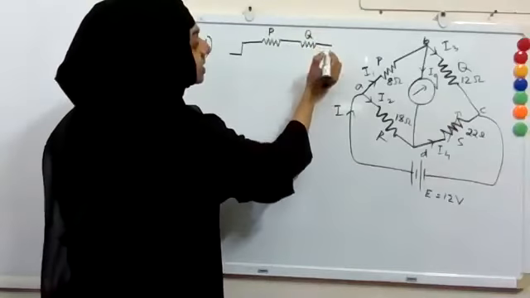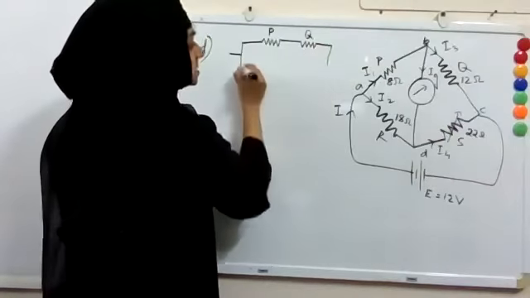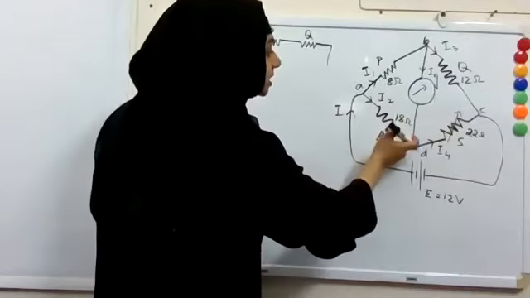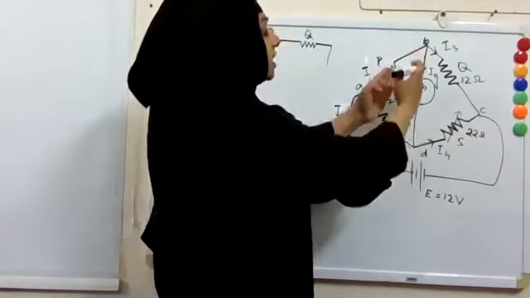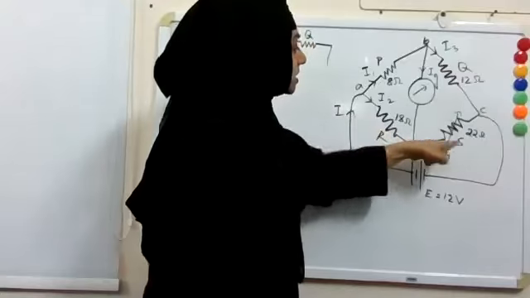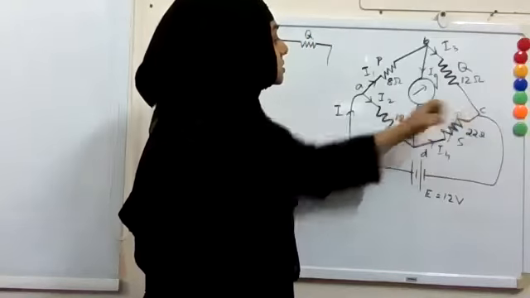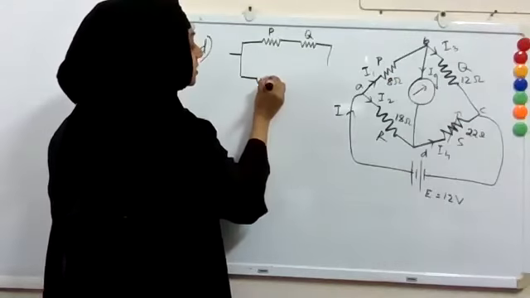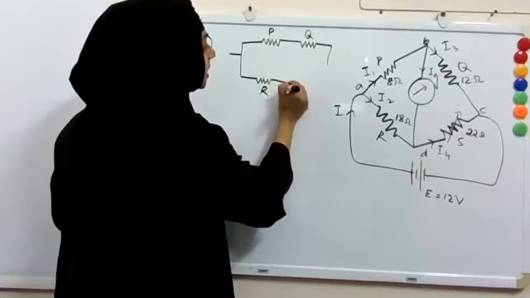P and Q will act as two series resistance. And also R and S. Whatever current comes through R, there is no way up. So it will go completely through S. So R and S will act as a series resistance in the absence of a galvanometer. So I can write R, S.